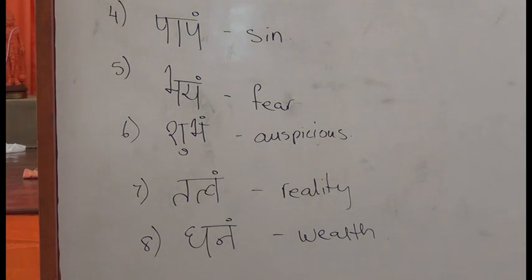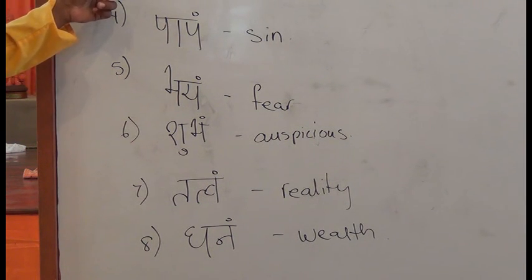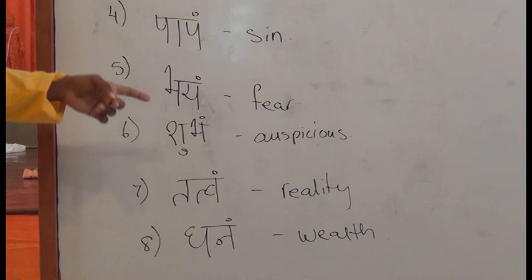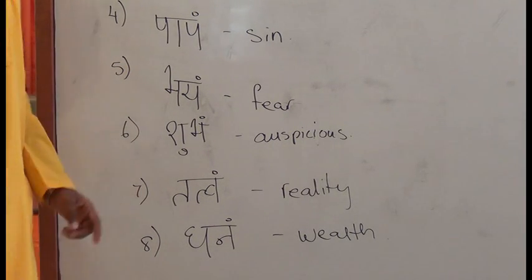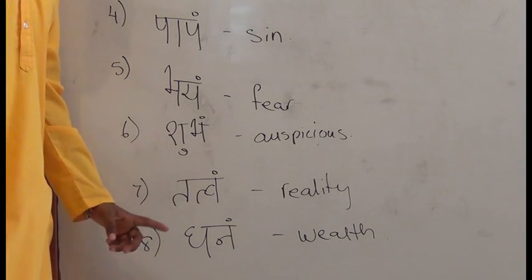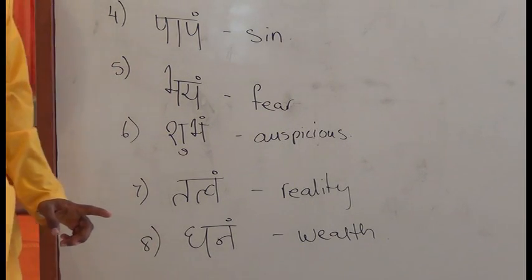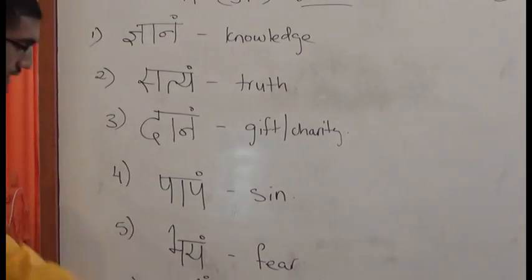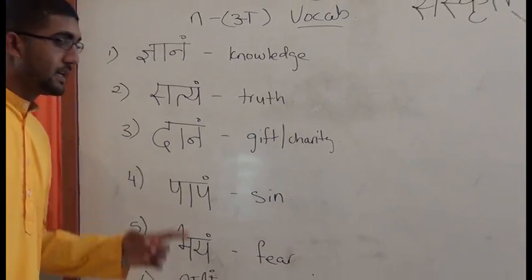I want you to take down these words. Jnanam, Satyam, Danam, Papam, Bhayam, Shubham, Tattvam, Danam. Okay, look at the difference with this Danam and this Danam. There's a difference.